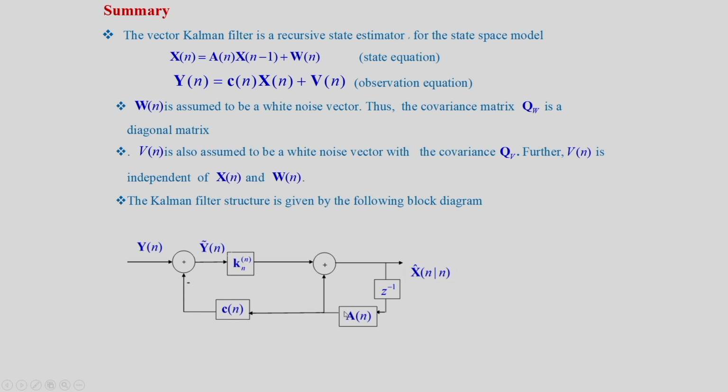This predicted part is multiplied by Cn to get the predicted data. Here we get the predicted state, and here we get the predicted data. Then this is subtracted and we get the innovation. This innovation is scaled by the Kalman matrix and added to the predicted part to get the state estimator.